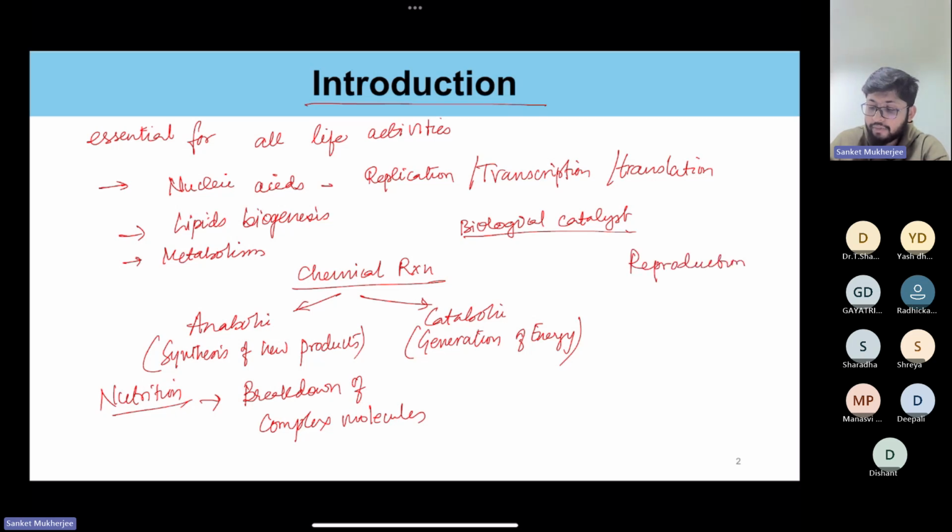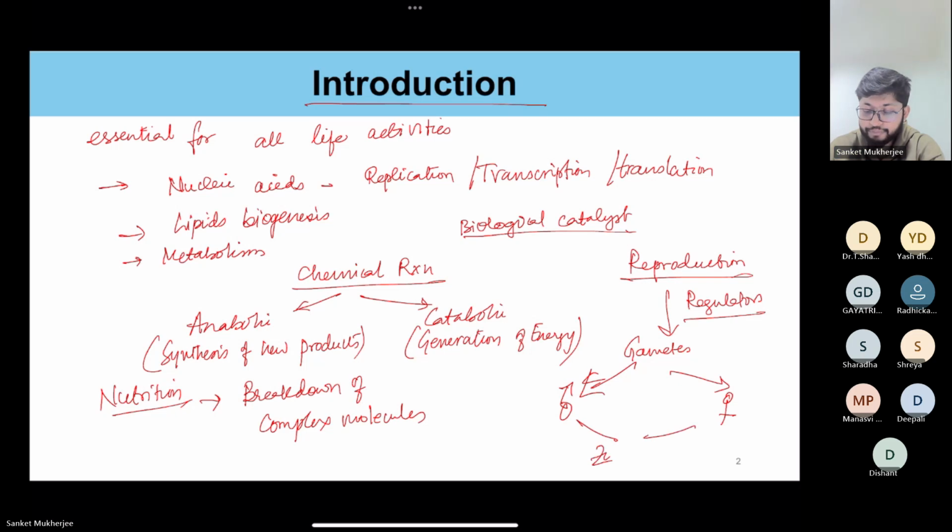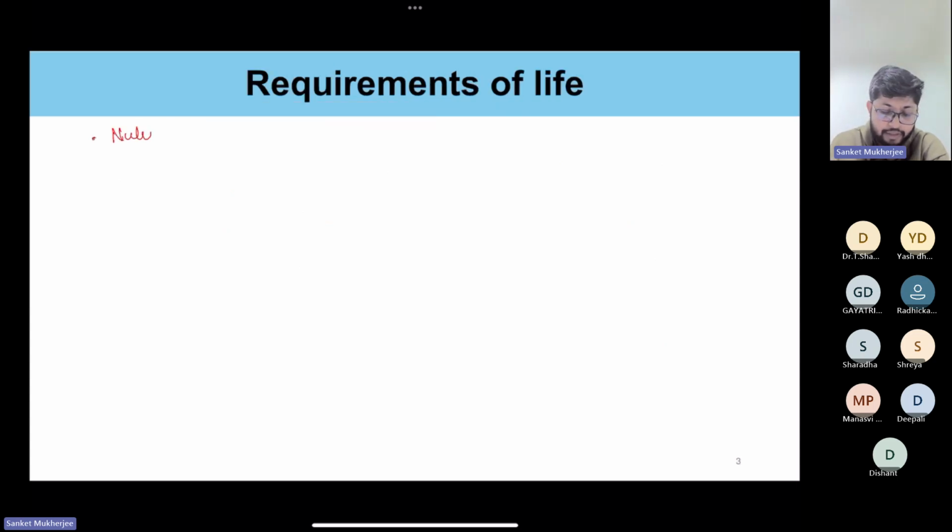Even in reproduction, where we have the gametes formed, either male or female, there we also have certain regulators, which are again enzymes, and then they form the zygote, and then the offspring. Everywhere, these are important. Now, what are the requirements of life in an organism? Firstly, we require nutrients. That's very important.